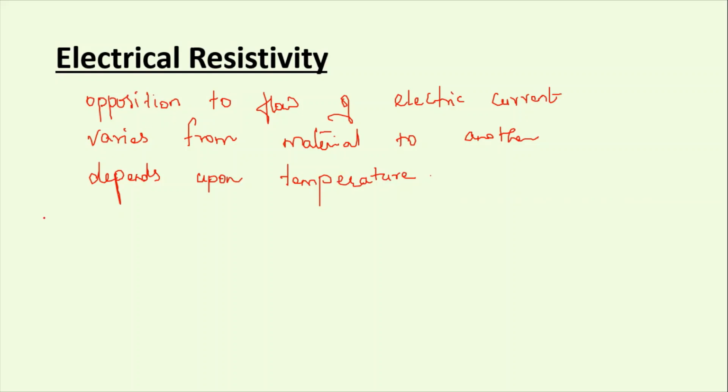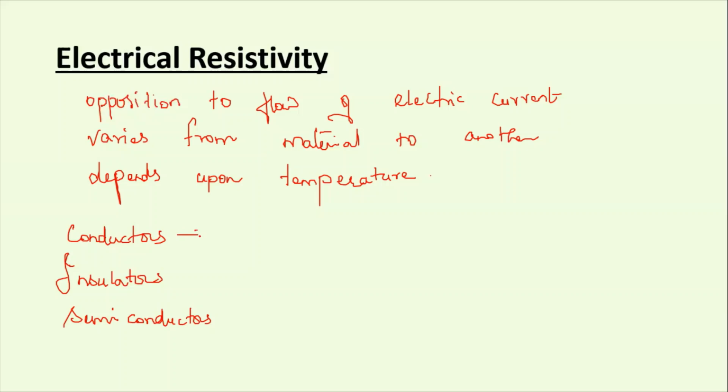We know that solids are classified as conductors, insulators, and semiconductors. So basically, what is a conductor? The material which allows current to flow through them, which allows conduction of electric current, are called conductors.